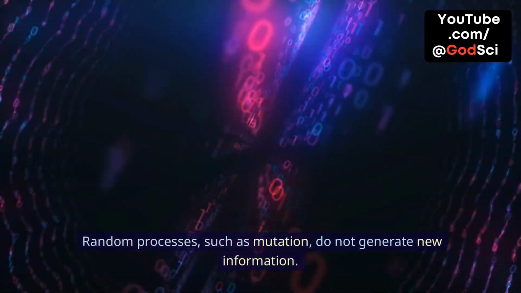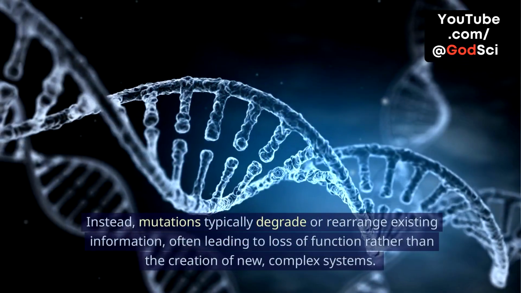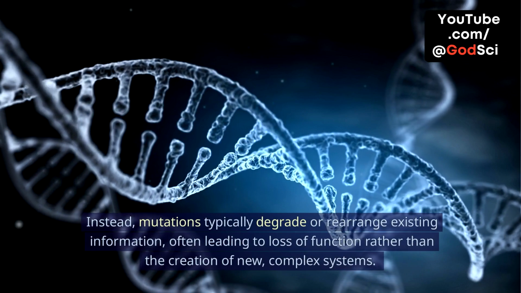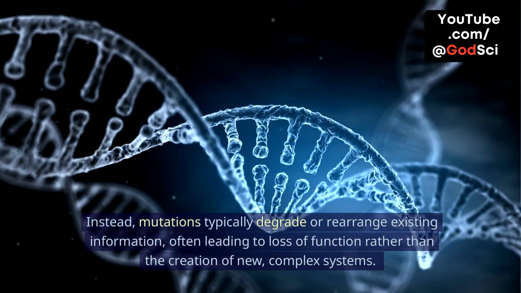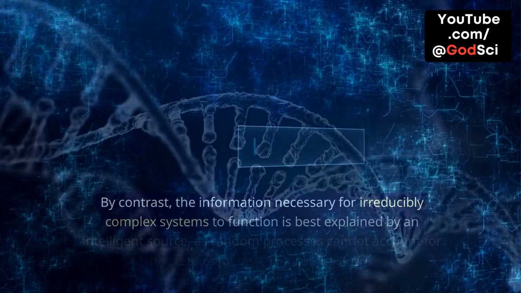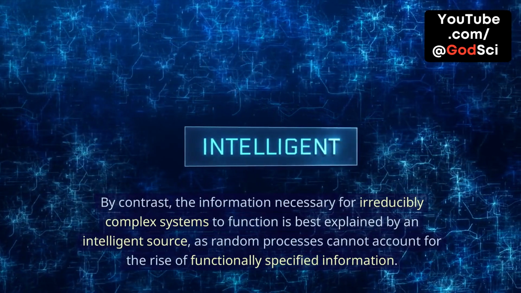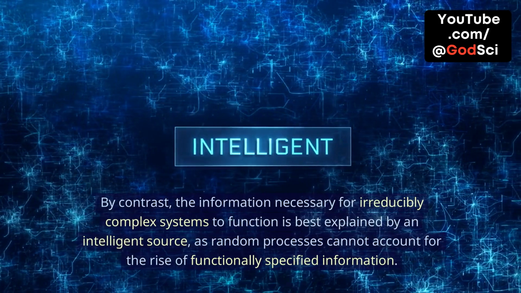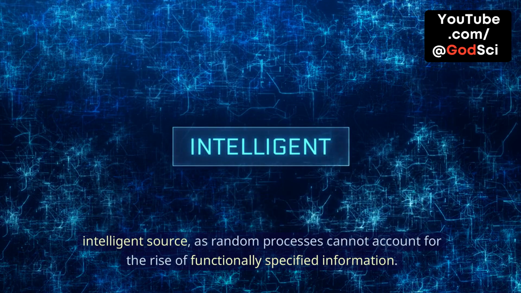Random processes, such as mutation, do not generate new information. Instead, mutations typically degrade or rearrange existing information, often leading to loss of function rather than the creation of new, complex systems. By contrast, the information necessary for irreducibly complex systems to function is best explained by an intelligent source, as random processes cannot account for the rise of functionally specified information.